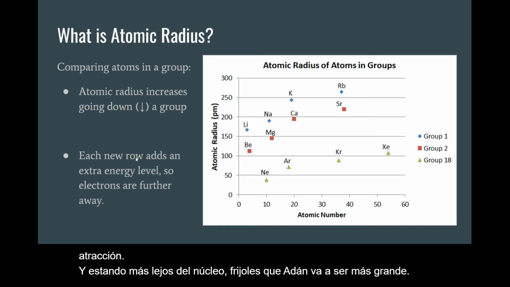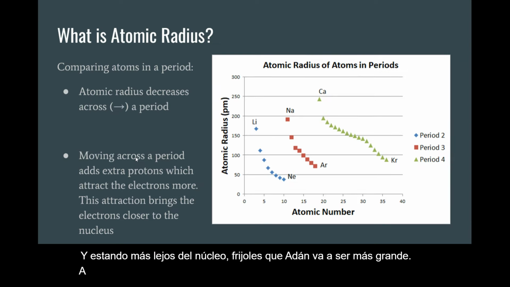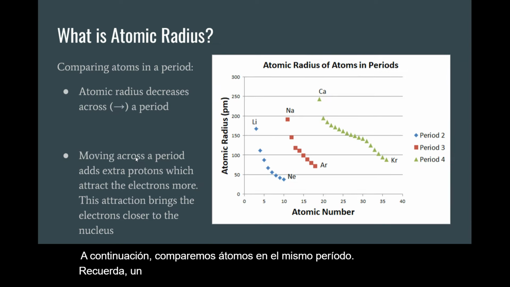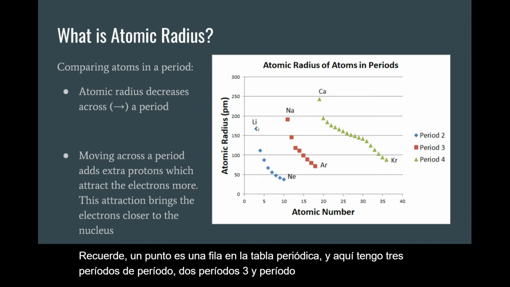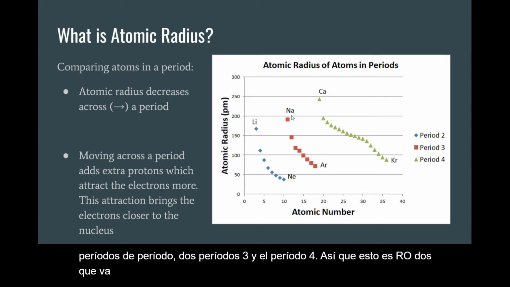Next, let's compare atoms in the same period. Remember, a period is a row on the periodic table. And here I have three periods: period 2, period 3, and period 4. So this is row 2, which goes lithium to neon, row 3, which goes sodium to argon, and row 4, which is calcium to krypton.